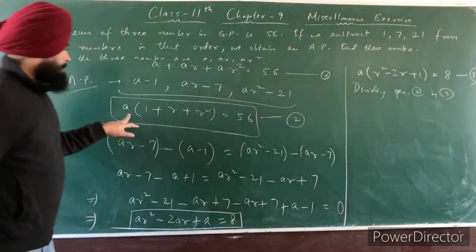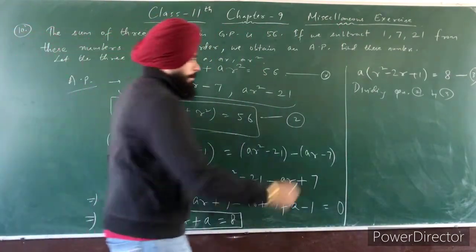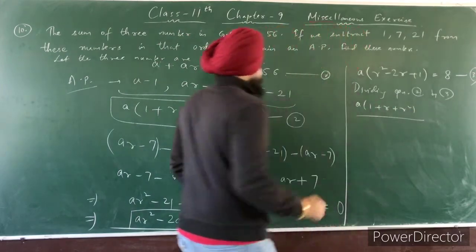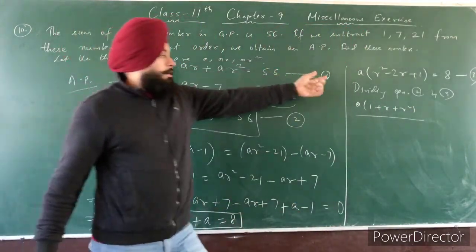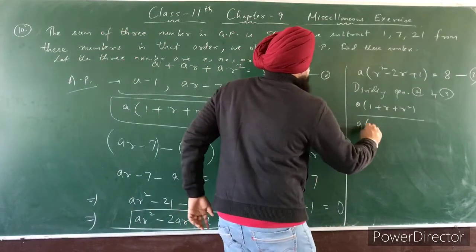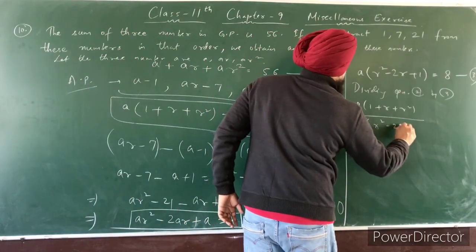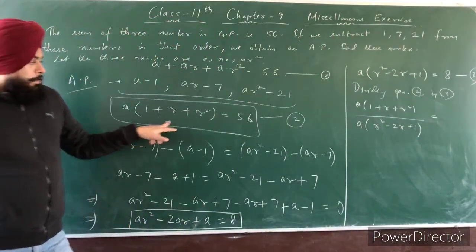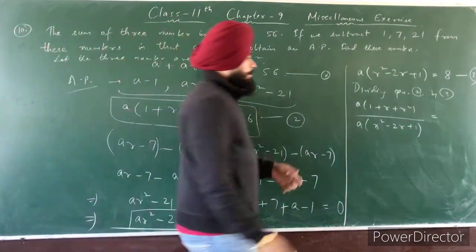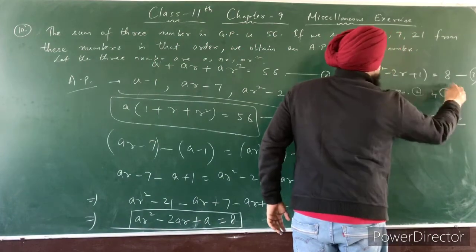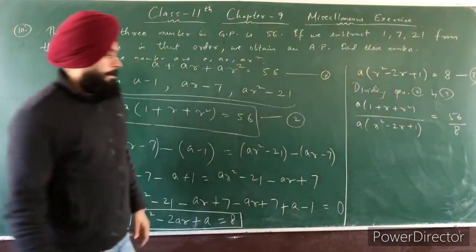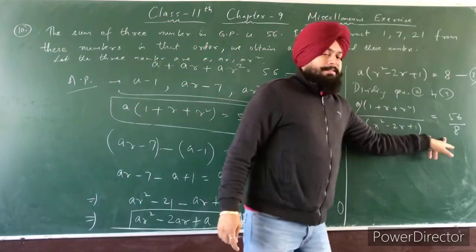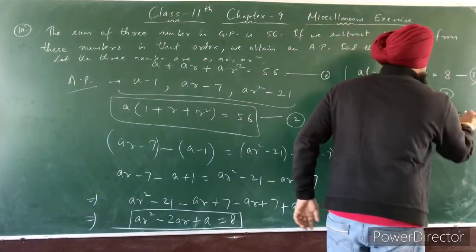So the second equation is a multiplied with 1 plus r plus r square, and in the third equation the term on the left hand side is a into r square minus 2r plus 1, is equal to, on the right hand side of equation number second, 56 divided by 8, which is 7. Now you can see here a is cancelled.